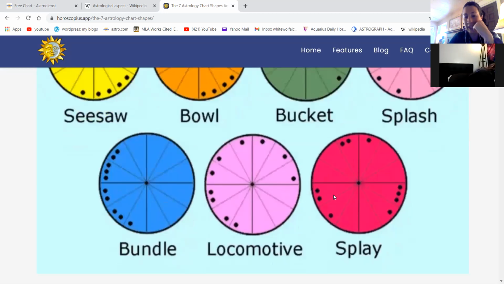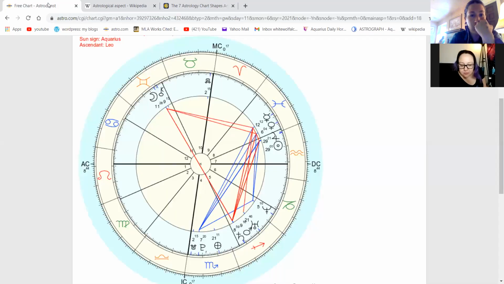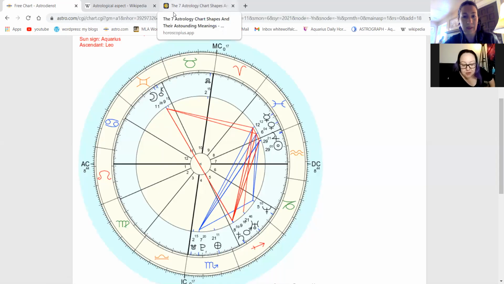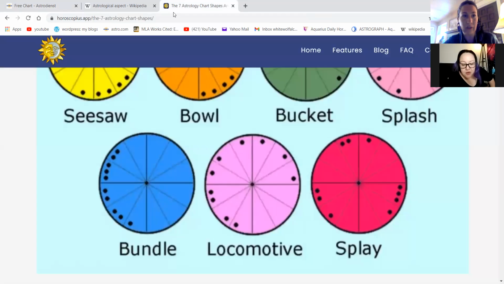Well, I was thinking of a splay chart. Yeah, because you have Chiron also. So that's not a bucket, because a bucket is like you have one loner, you have a singleton, and nothing else is over there. And that includes asteroids then? Yep, it does. So you have a splay chart.